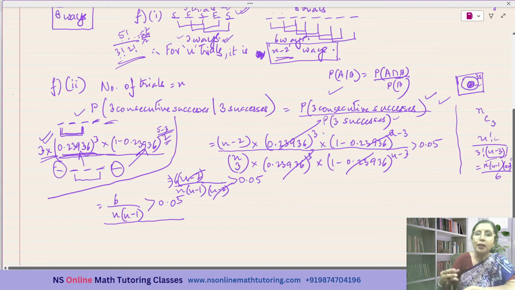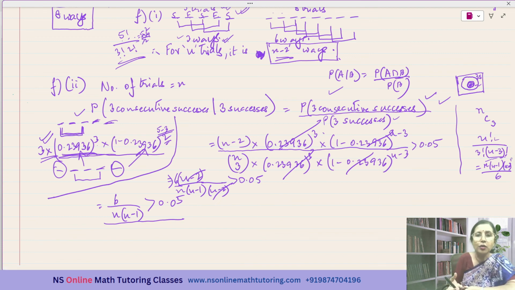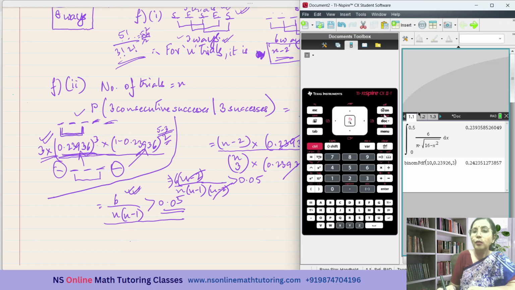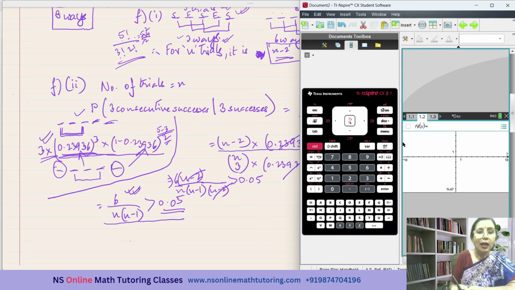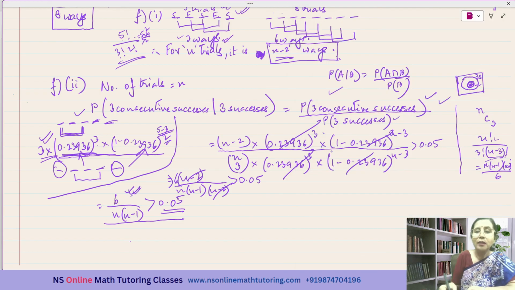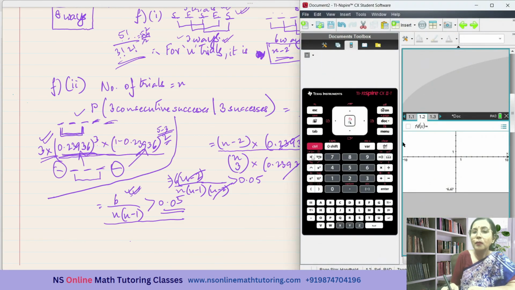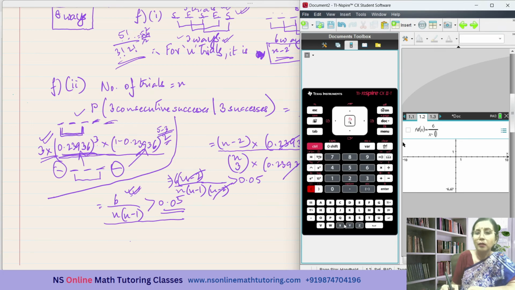I can again use the graph, and again, you can use nsol. So I go to the graph, and I'll be taking this part. So it is 6 over x times x minus 1, and enter.